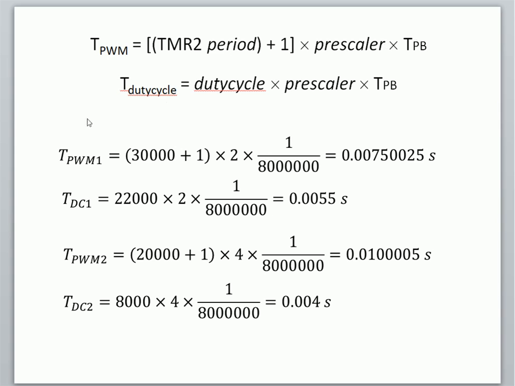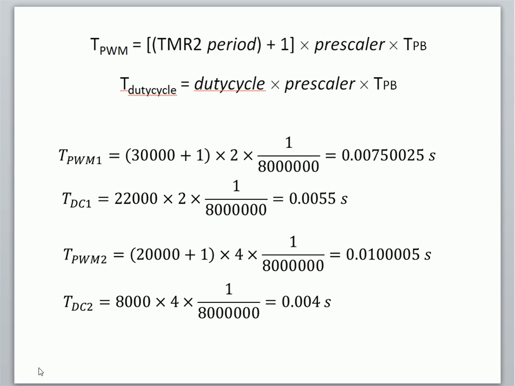So if we go back to the code, 30,000 plus 1 times a prescaler of 2 times 1 over 8 million gives you a period of 0.00750025 seconds. The on cycle was 22,000 times the same prescaler, times 1 over 8 million, so that's 0.0055 seconds.